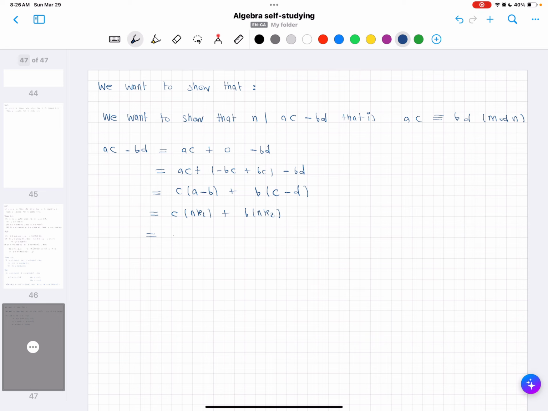So then we can factor an n, n times (C times k1 plus B times k2), and so indeed we get that n divides AC minus BD.